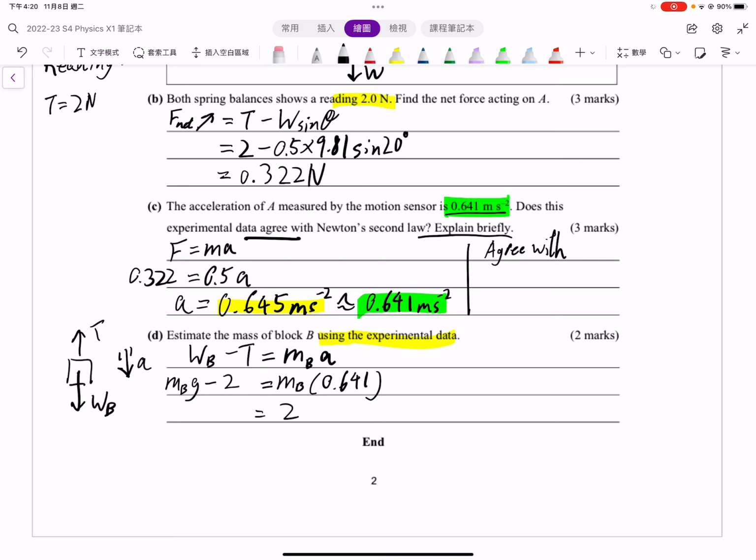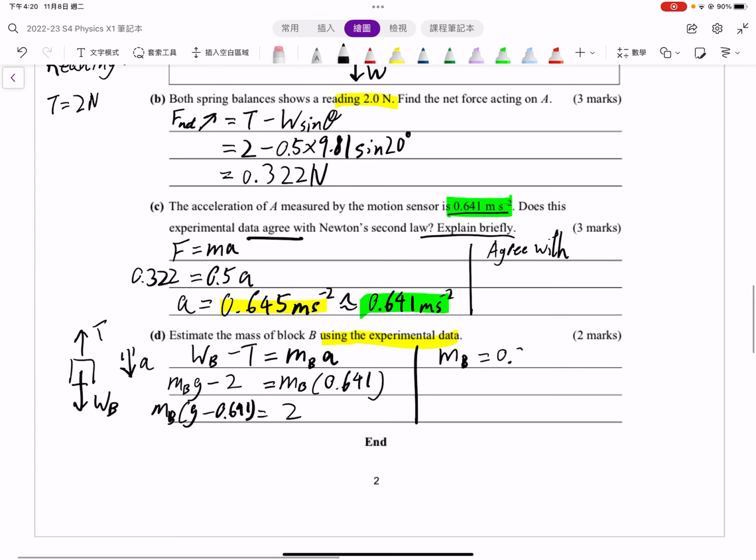So 2 equals mB times (g minus 0.641). mB equals 0.218 kilogram.